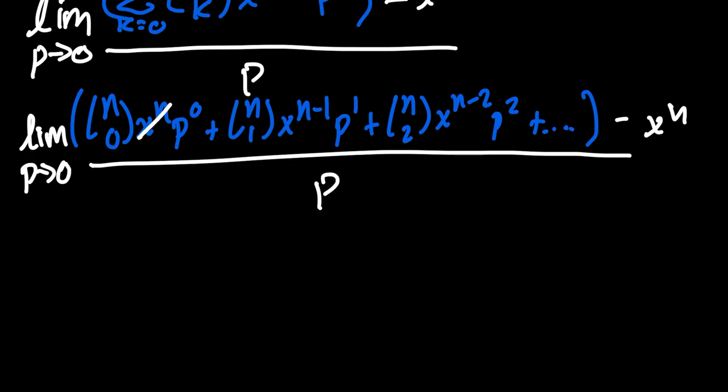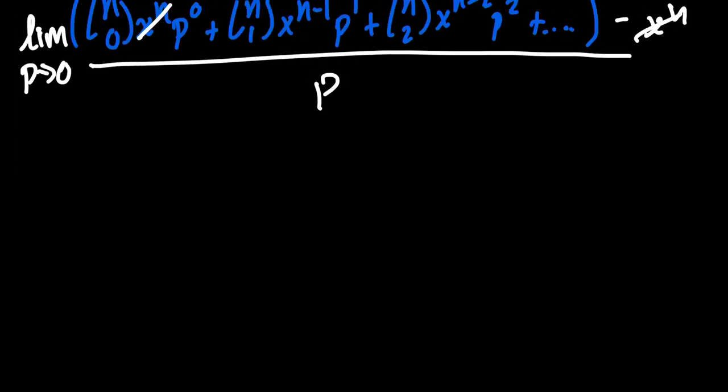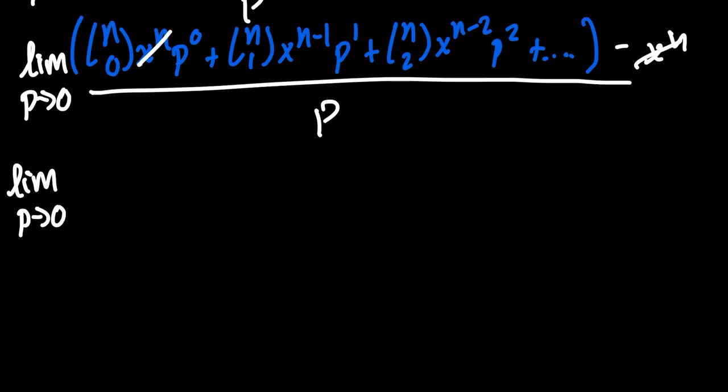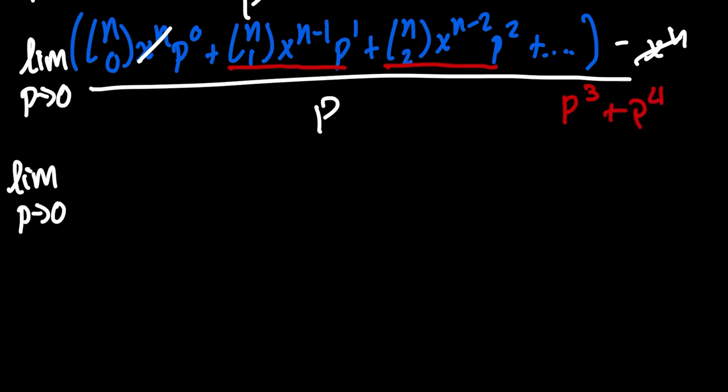So this x to the n will end up canceling with this. So we'll end up with the limit as p approaches 0 of n choose 1 times x to the n minus 1 times p to the first, and then this. Notice that the rest of these will have a p to some power. So we can take out a p from this, and I'm going to write this in yellow.